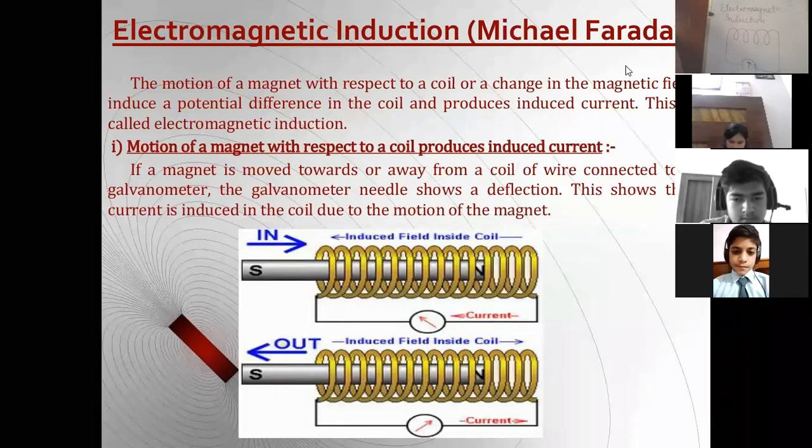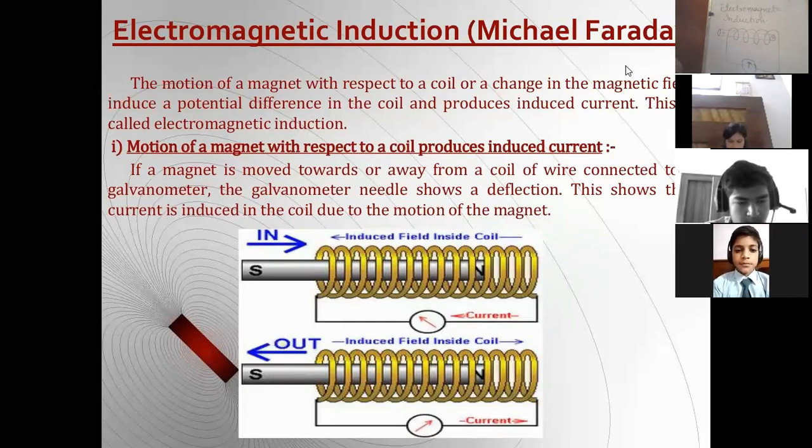Now, if I put a bar magnet in it, because the bar magnet has a magnetic field, if I just put it inside the solenoid, you will see that there is no change in the galvanometer pointer.